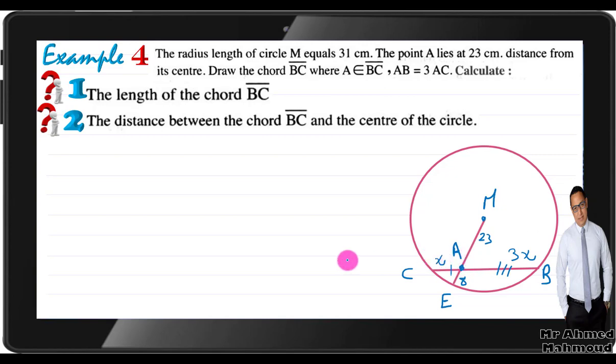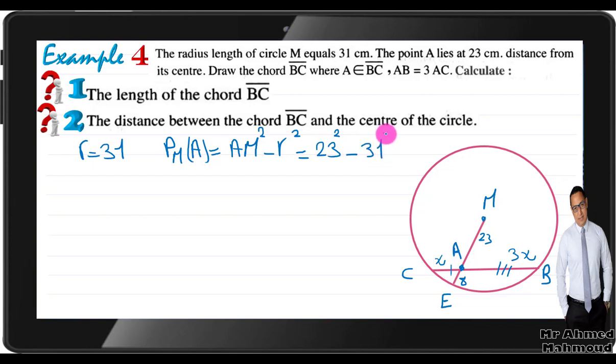Again, power of the point A, here R equals 31, and the power of the point A with respect to M equals AM power of 2 minus R power of 2, which is equal to 23 power of 2 minus 31 power of 2, that's equal to negative 432.